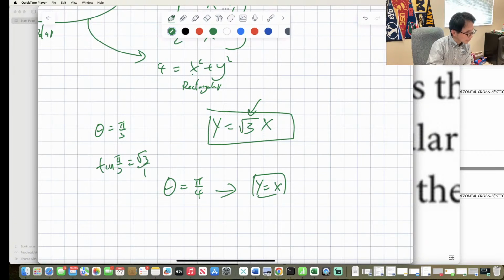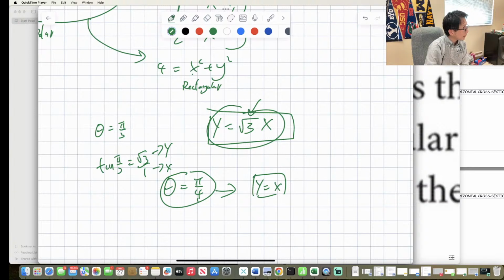So this one is a y, this one's an x, so y equal to root 3x.